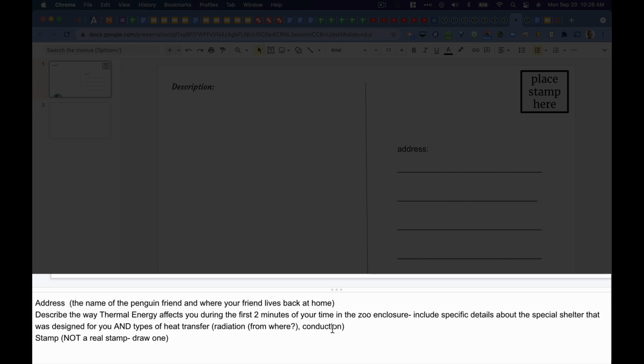And conduction: where was conduction coming from? You should probably have two different types of conduction. So think about all the things we've talked about in class. And again, a stamp: draw one, not a real one.